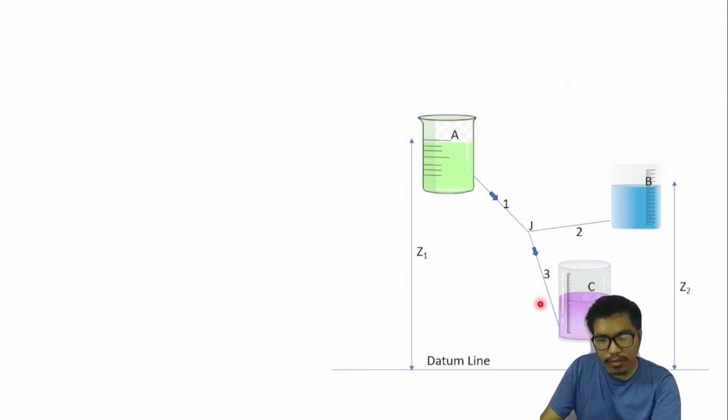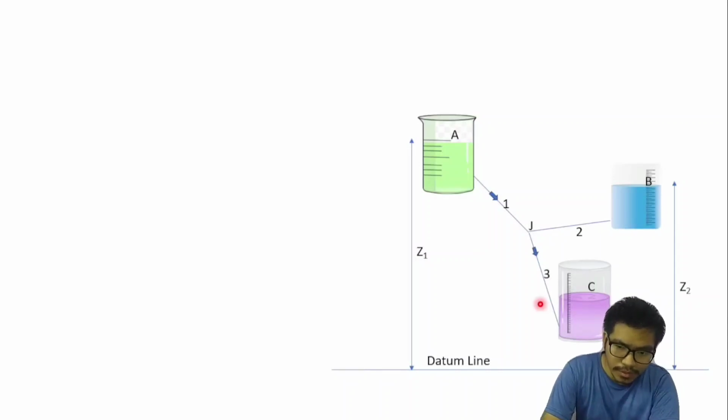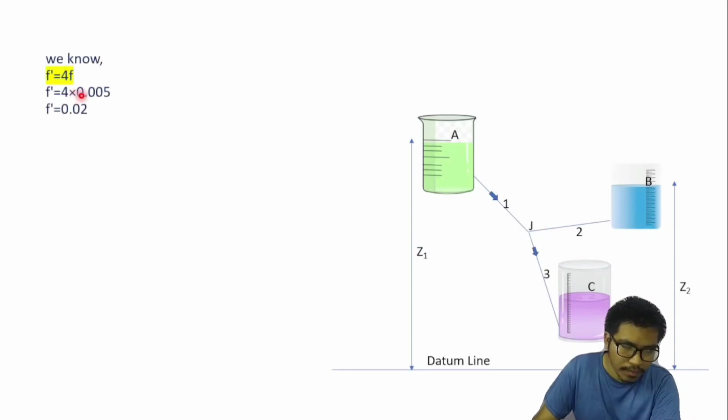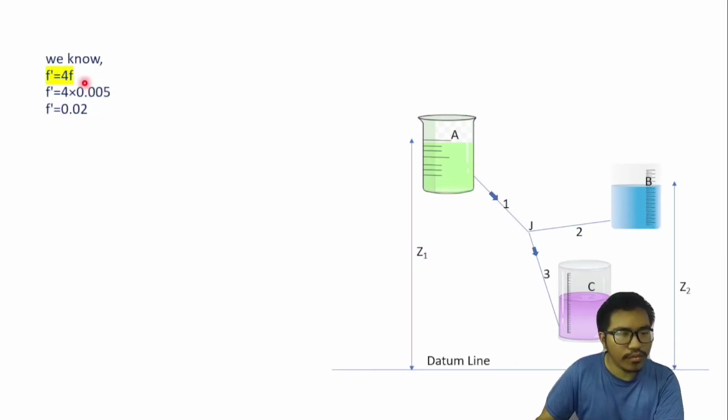But we don't know the direction of water in pipe 2, so I haven't drawn an arrow. So this 0.005 is the coefficient of friction. To convert it into friction factor, we multiply it by 4, and the friction factor is 0.02.